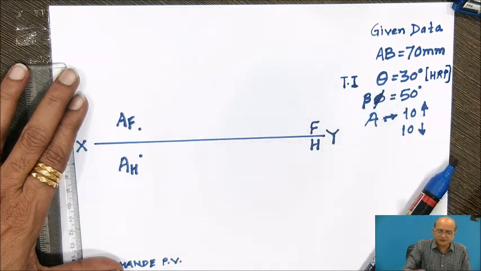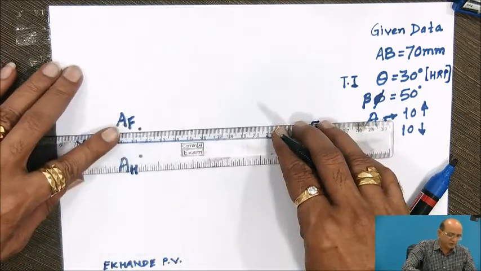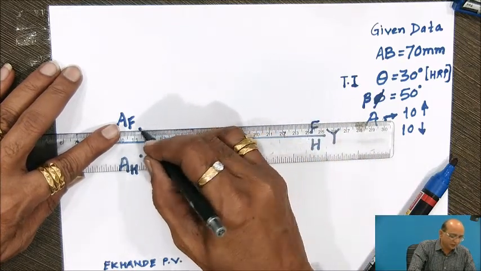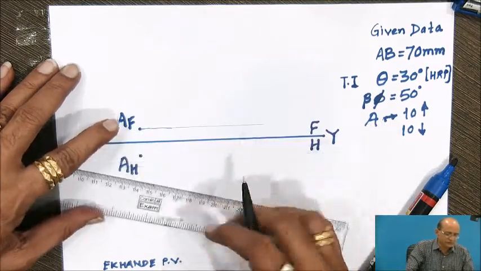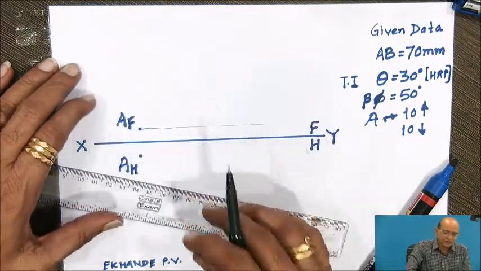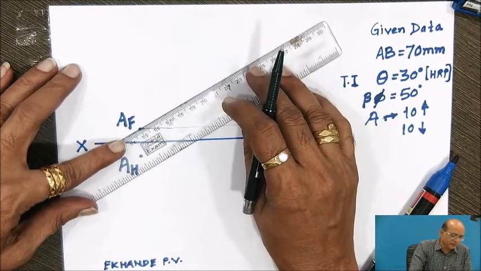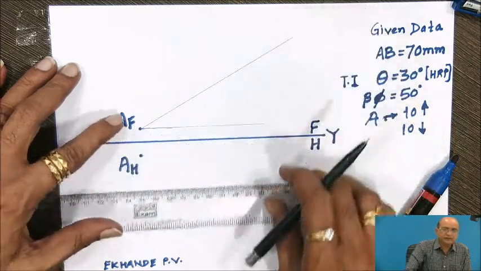So first step is to draw the horizontal line which is parallel to the XY line, and with respect to this we'll draw the 30 degrees angle line. So the 30 degrees angle line is to be completed first.